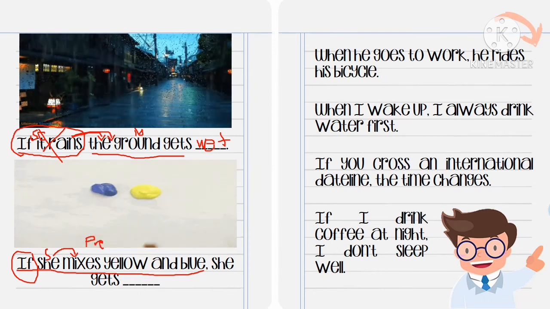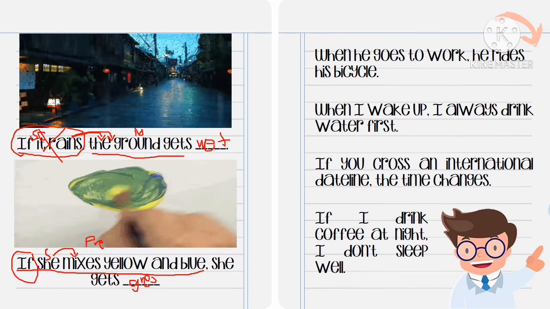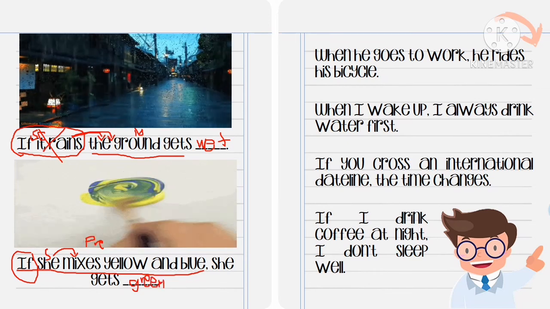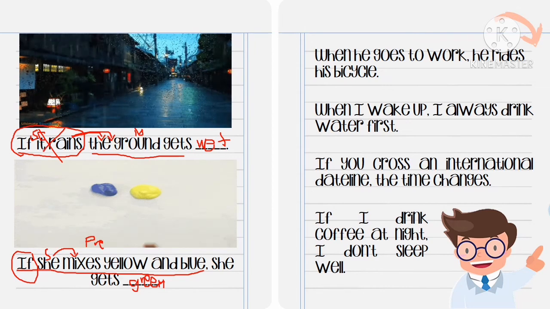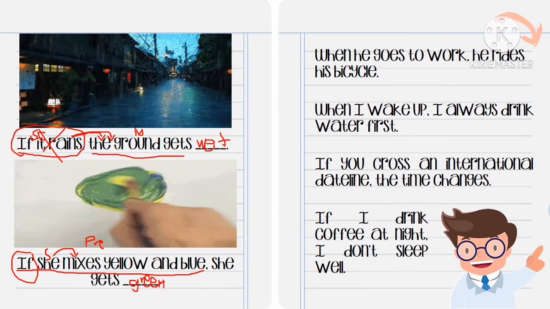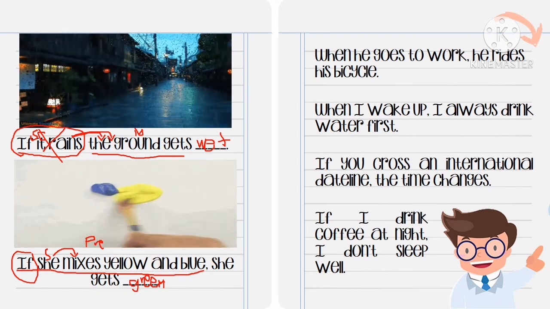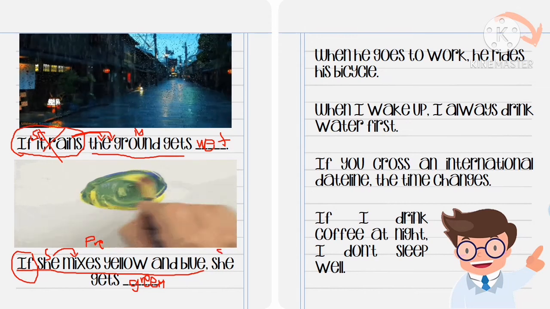So, what will happen? If she mixes yellow and blue, you will get green. So, it is a universal fact na kapag pinaghalo mo yung blue at yellow, ang magiging resulta ay green. So, let us analyze the main clause. She gets green.